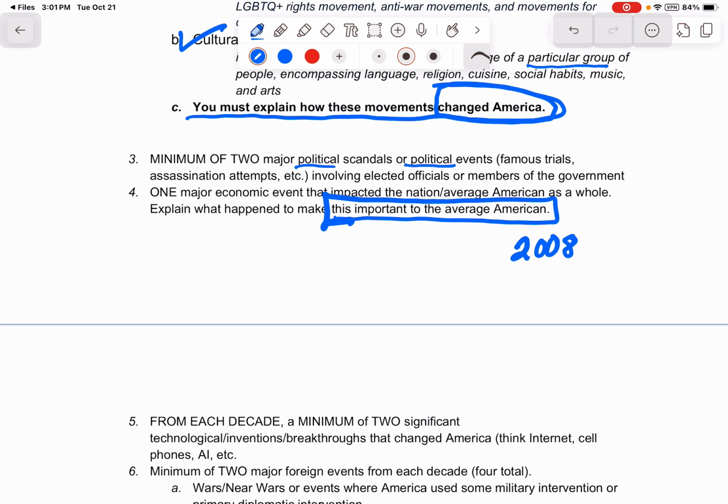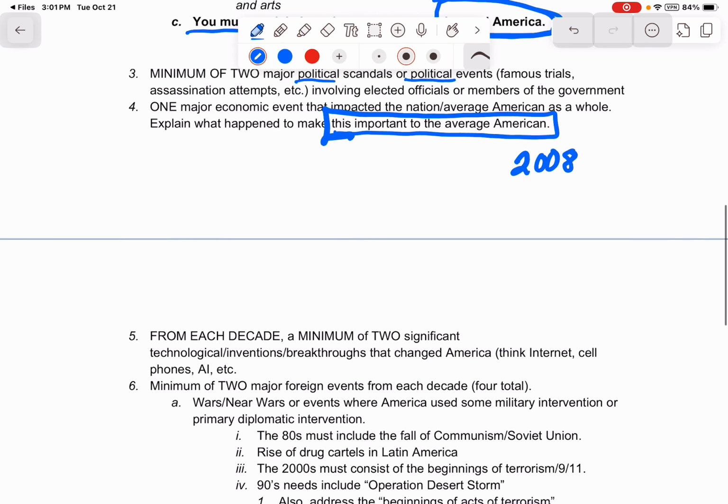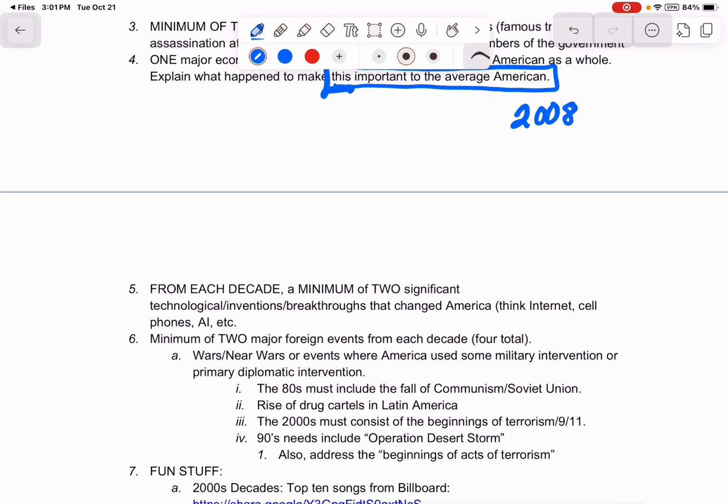What was a major impactful economic event from the years 2000 to 2009? 2010 to 2019. From each decade, a minimum of 2, and if you do just a minimum here, we're going to have a serious chat.